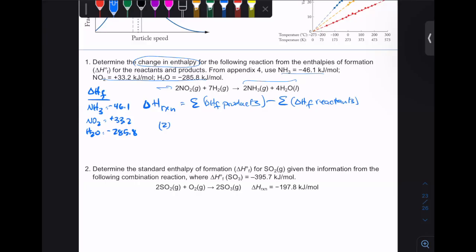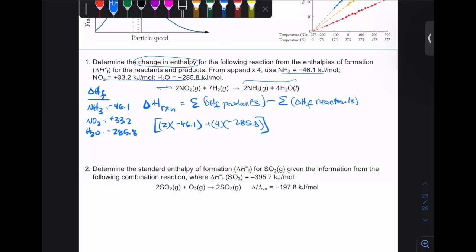So that's going to be 2 times negative 46.1. And then to that, we're going to add 4 moles of H2O liquid, which is negative 285.8 kilojoules per mole. And that is all the products.